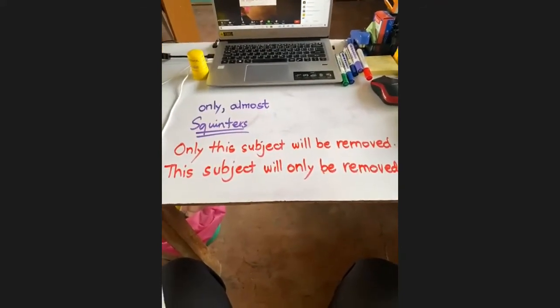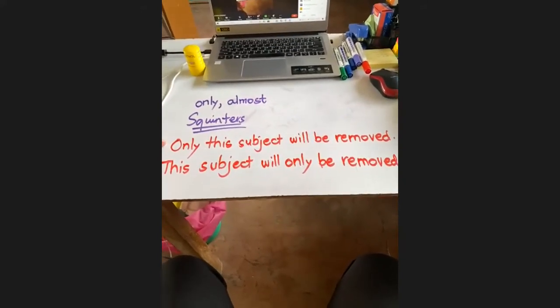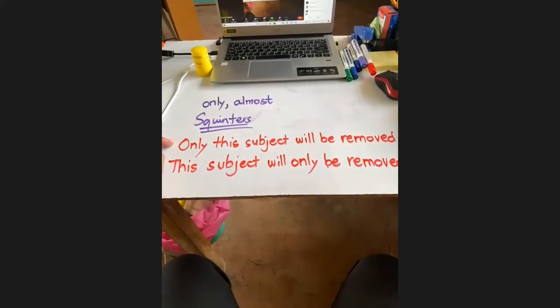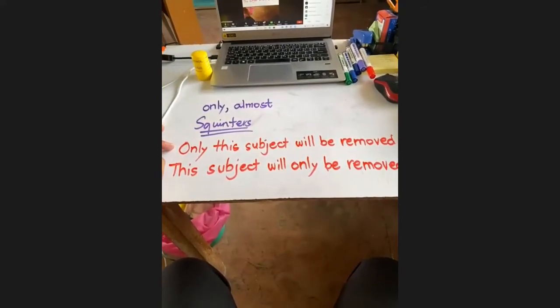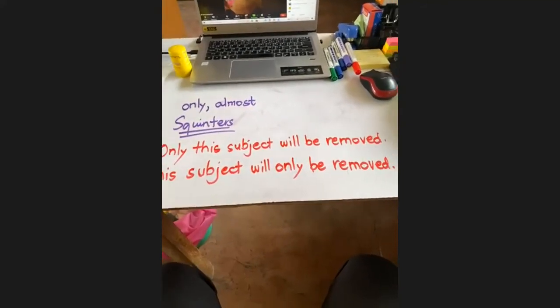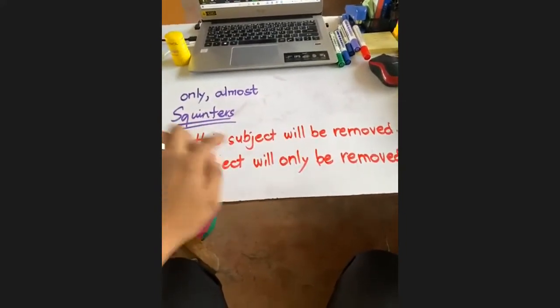What does the use of only mean in sentence 1, Leisa? It means only that subject will be removed. Correct. And that no other subject shall be removed, but only this one.